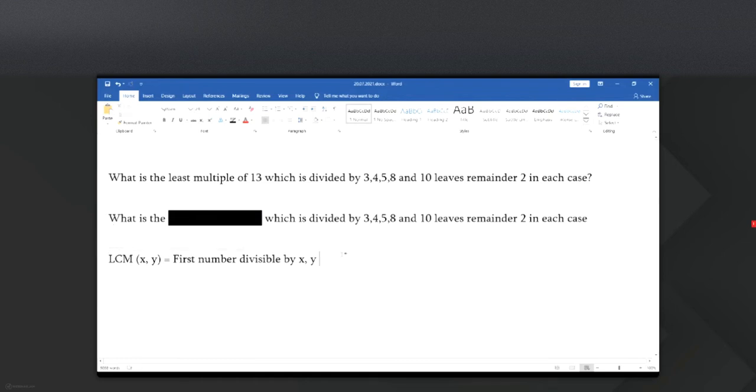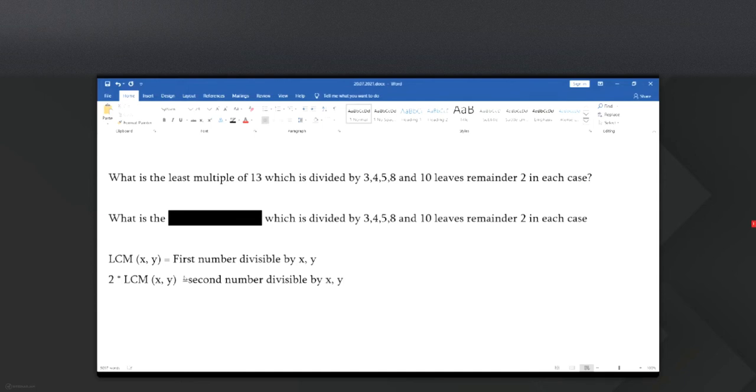What is the second number divisible by x and y? It is 2 times the LCM of x and y. You multiply the LCM of x and y by 2, and you will get the second number divisible by x comma y.